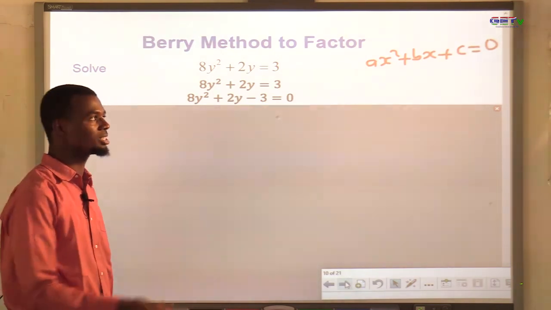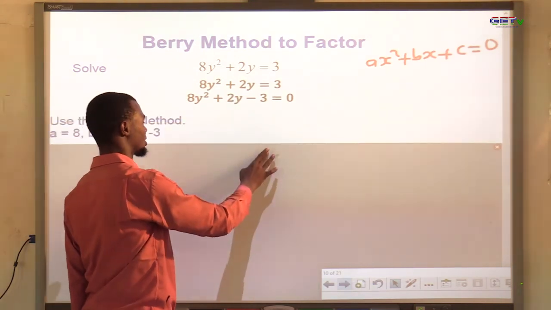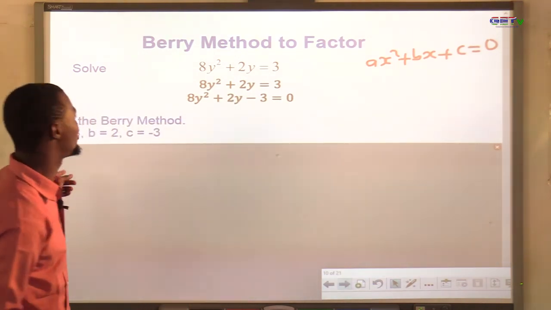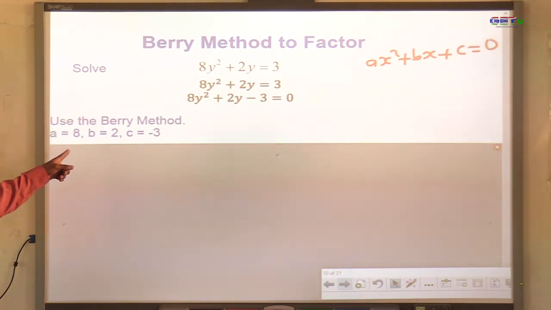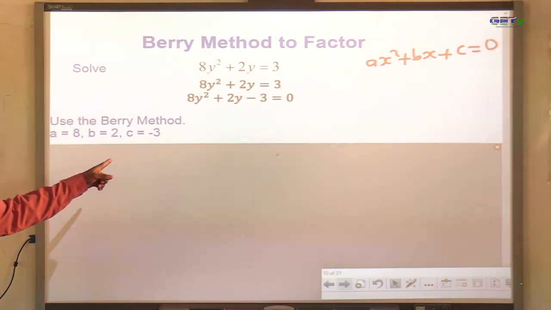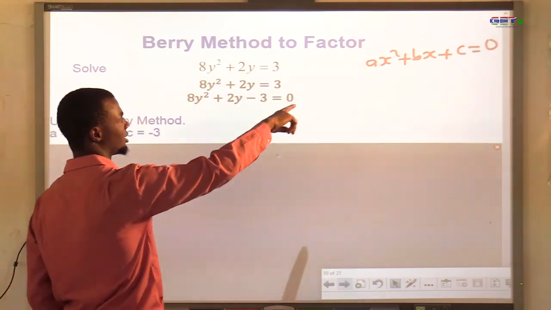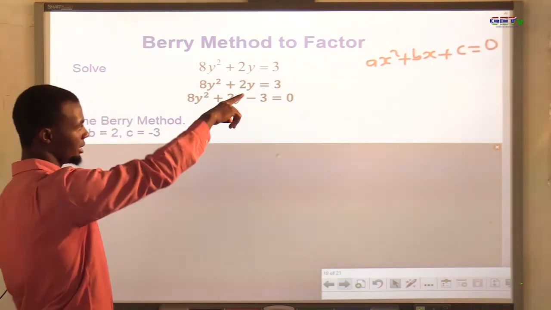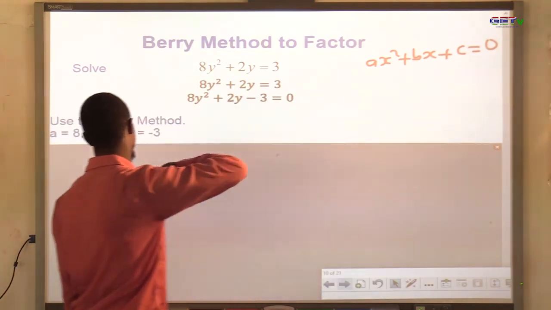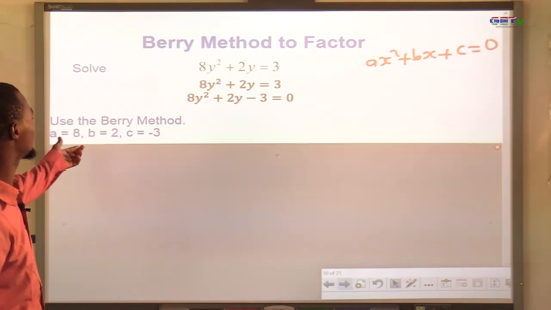And what is the value of C as you see it there? The value of A is 8. B is 2, and C is -3. Just compare the equation. This is A, the coefficient of the square term. B is the coefficient of the x term, and C is the constant. So that is what you have here.